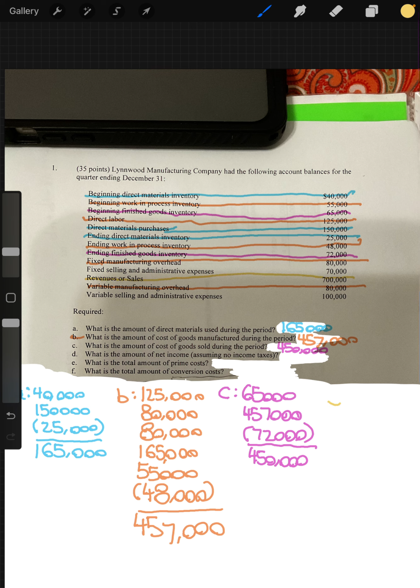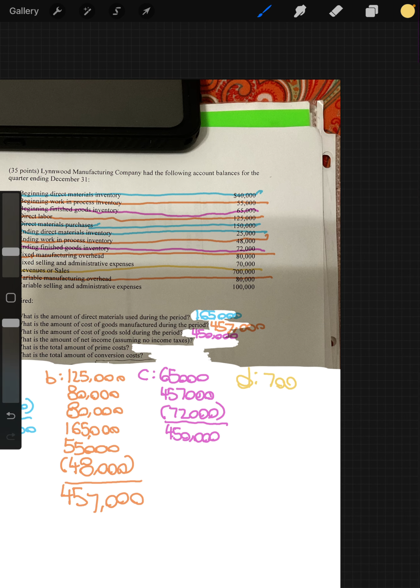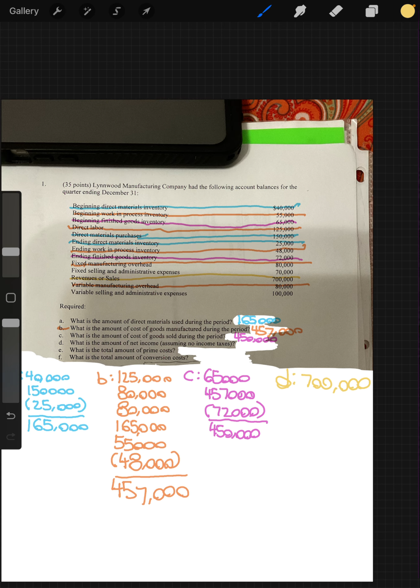Okay. And our revenue is 700,000. So then we're going to take the cost of goods sold that we calculated here, which is 450,000. So if we do that math, we get... Well, I really shouldn't have put D right there.